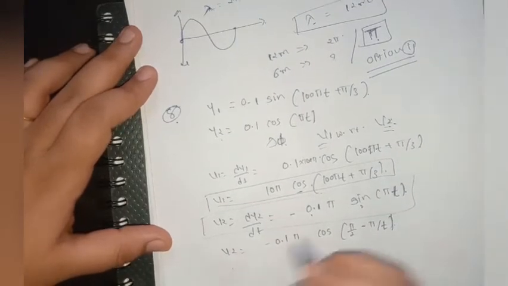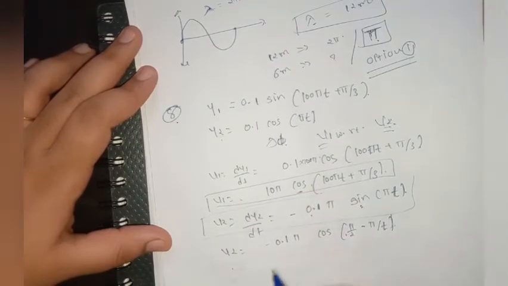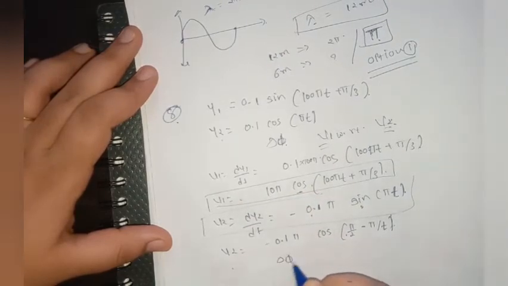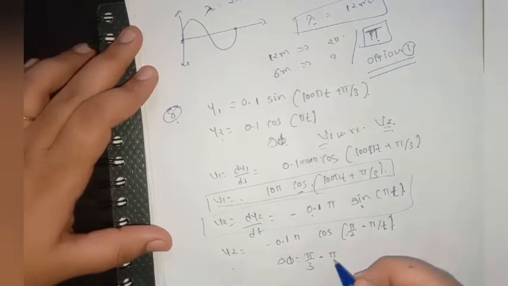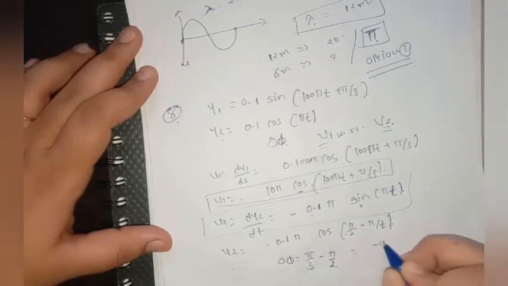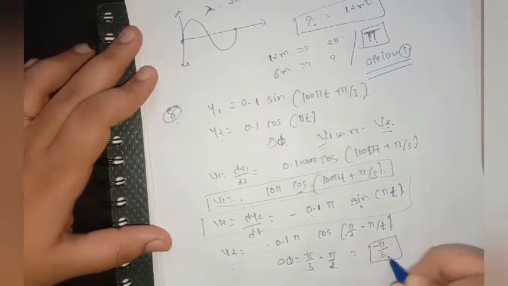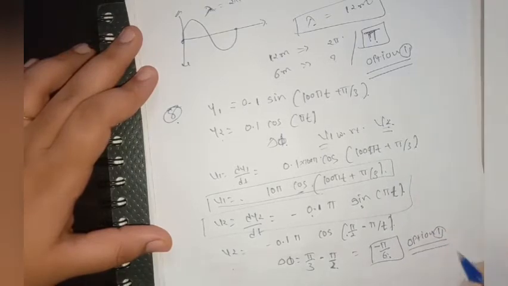So phase difference in velocity 1 with respect to velocity 2 will be pi by 3 minus pi by 2, that will be equal to minus of pi by 6. So option 1 is correct option.